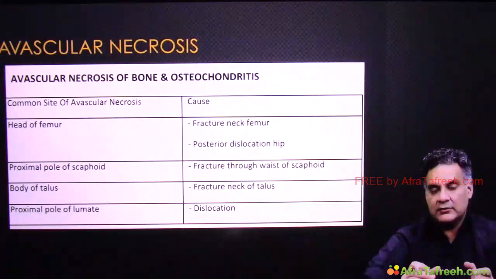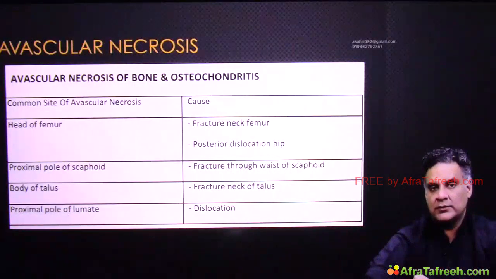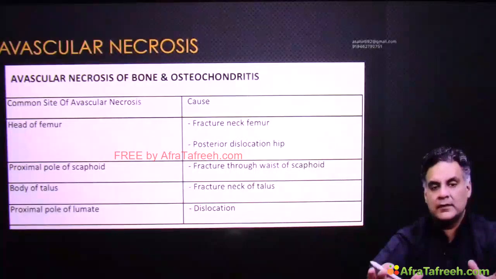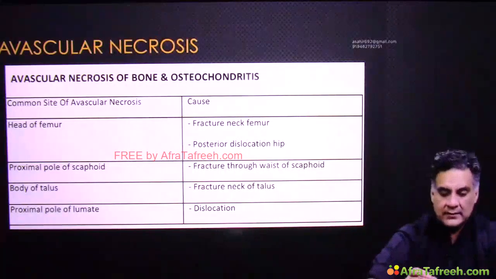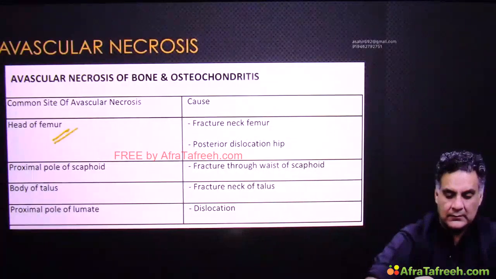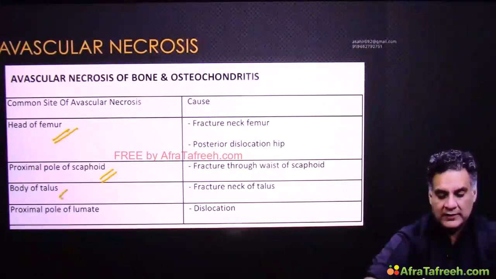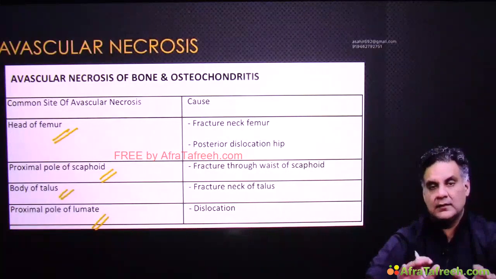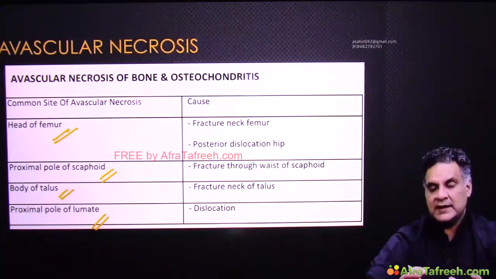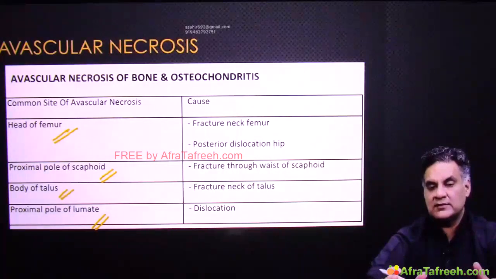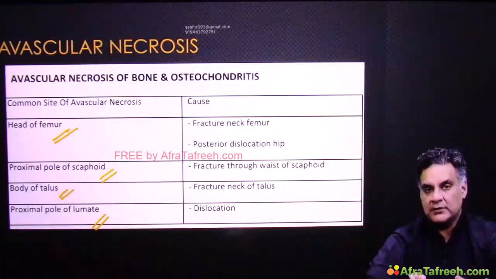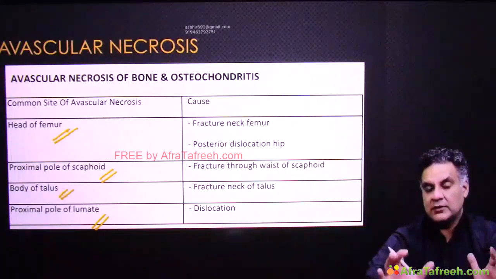Avascular necrosis: death of a bone due to poor blood supply. Common sites: the head of the femur, the proximal pole of scaphoid, the body of talus, or the proximal pole of lunate. Along with that, there can be avascular necrosis involving the head of humerus, the capitulum, the distal femoral condyles.